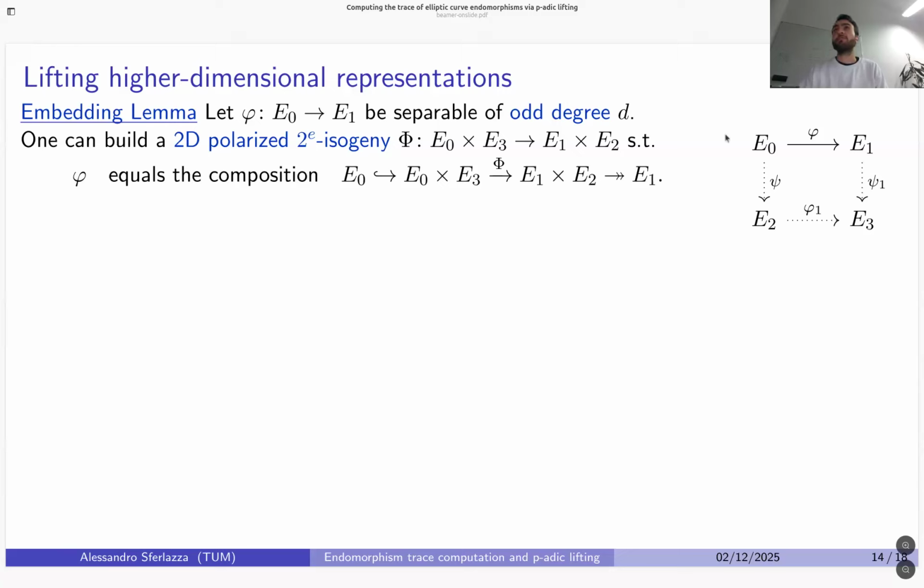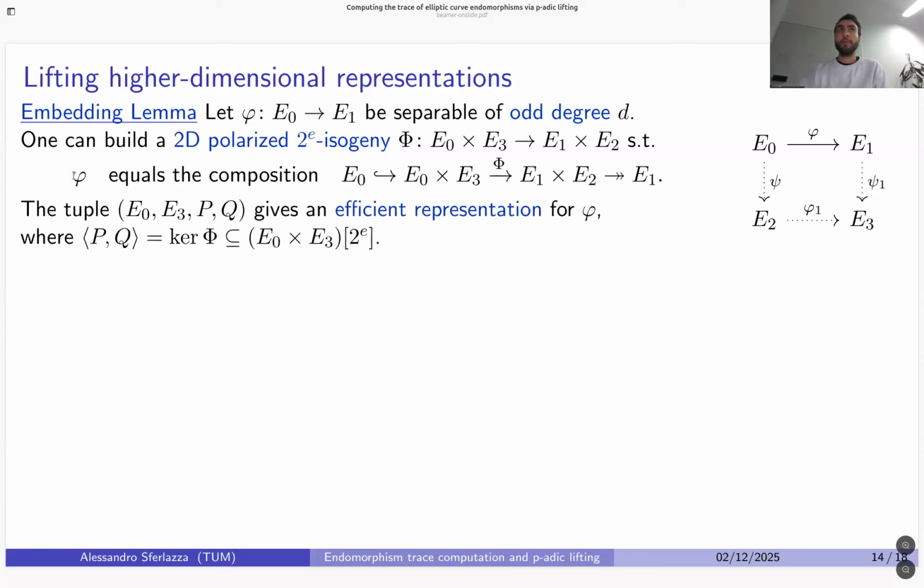And now if you take the diagonals of the square, E0 times E3, we can construct, sometimes with conditions, a two-dimensional isogeny to another product, namely the other diagonal of the square, so that if we take a point of E0, we embed it in the product, we perform the two-dimensional isogeny, and then we take just one component of this two-dimensional thing. Then we've got exactly the isogeny we wanted.